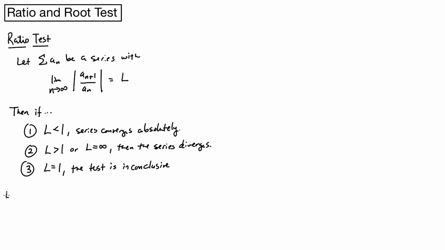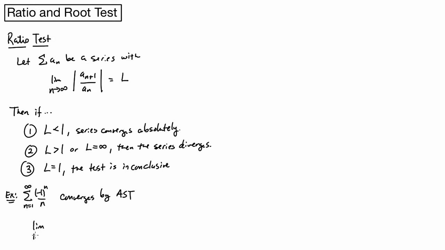Now, I want to give you an example that we've already looked at once in this lecture, but it's an important example to revisit, and that's the alternating harmonic series. We already know that this converges by the alternating series test. What does the ratio test have to say?